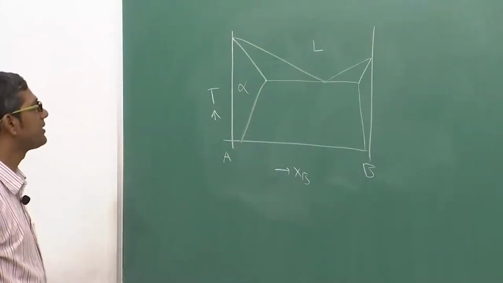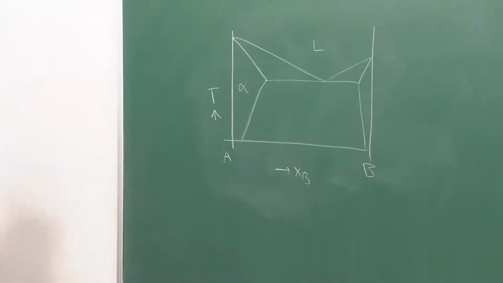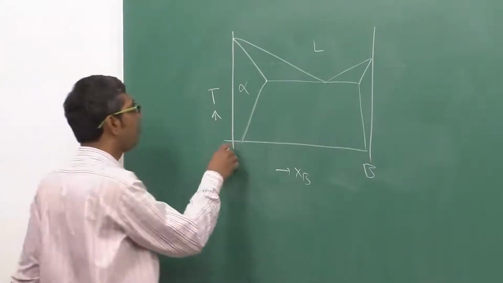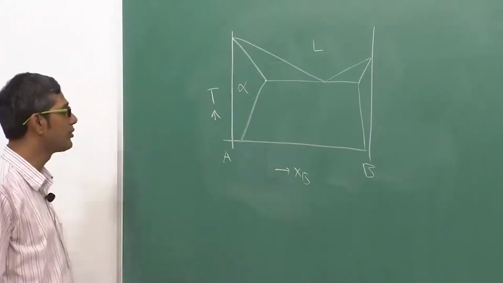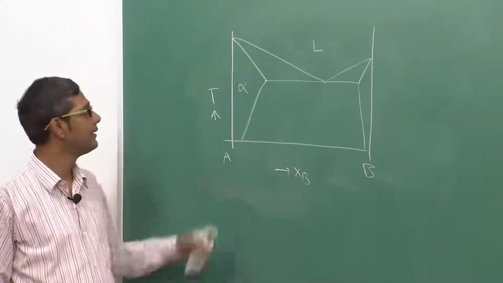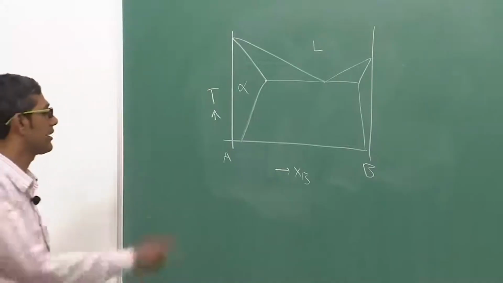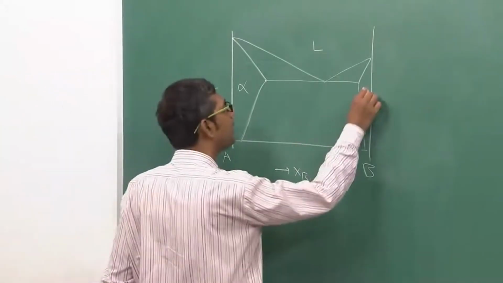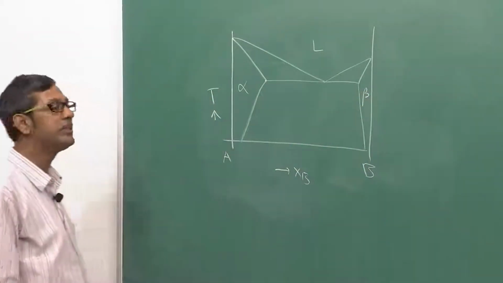If you want to have precipitation hardening in a system, a phase diagram must satisfy certain things. First of all, as you see here, alpha is a solution of B in A, and it will have a similar crystal structure to that of pure A, whereas beta is a solution which is B rich.